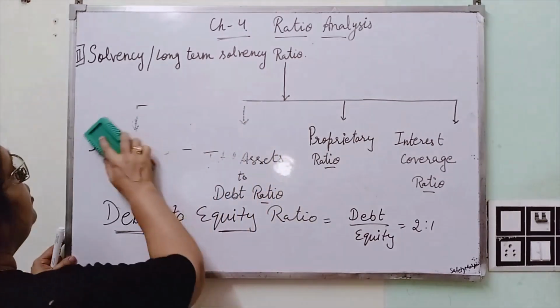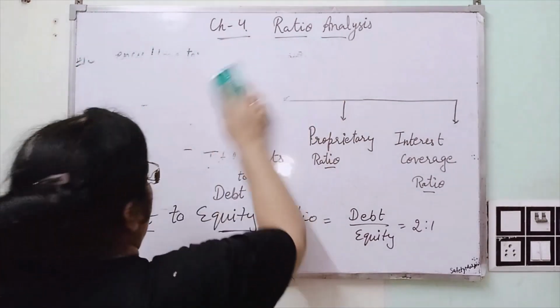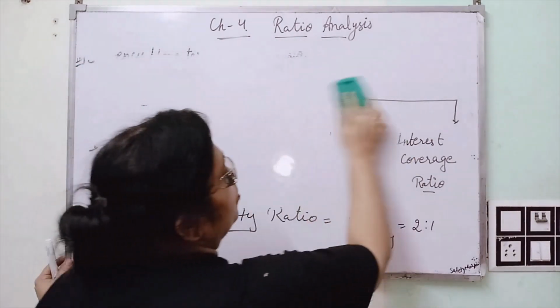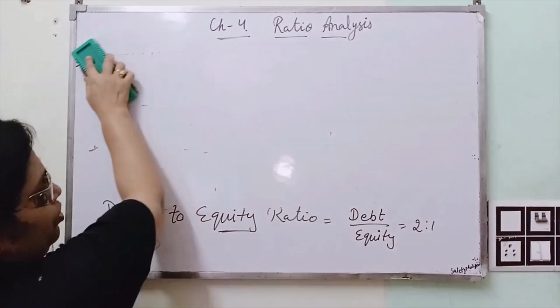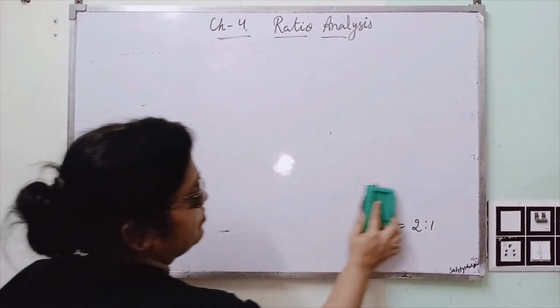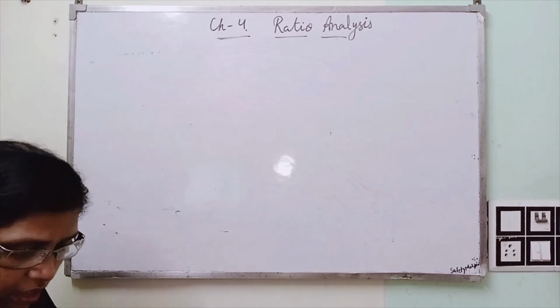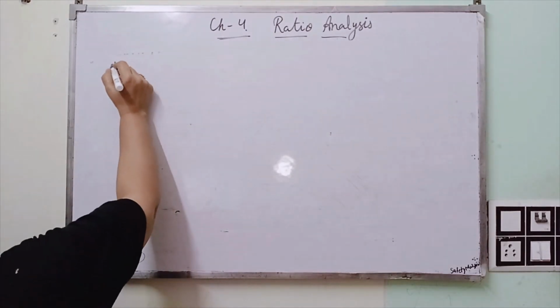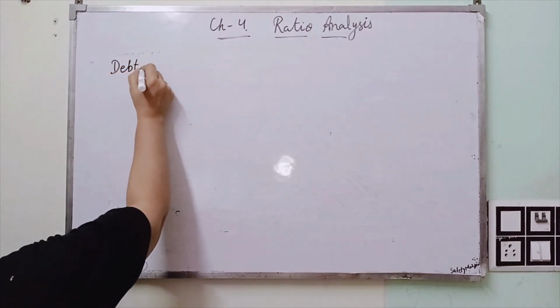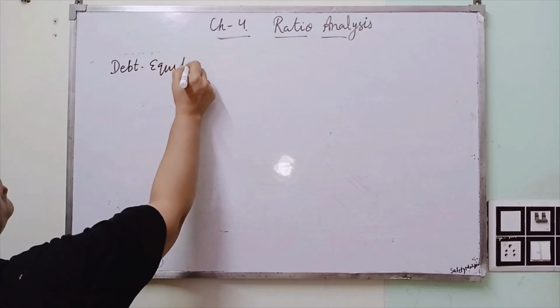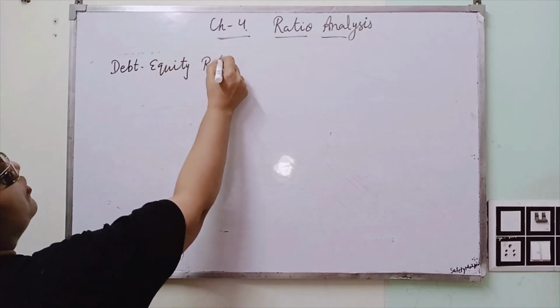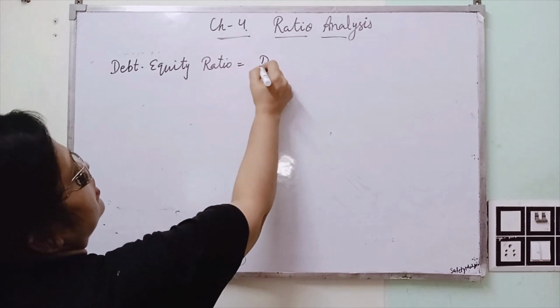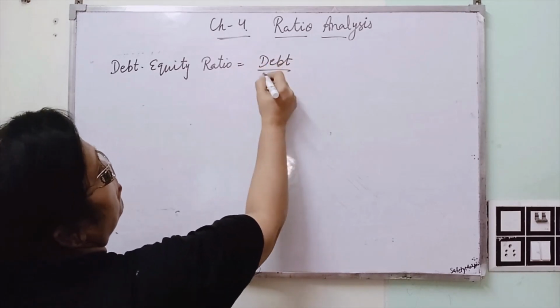So I want to tell you total debts or equity. The formula for debt equity ratio is debt upon equity.